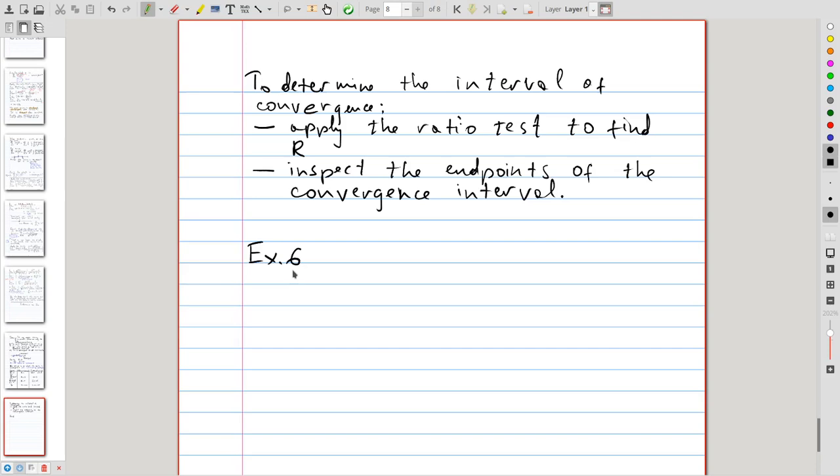So in example number 6, we will have to find the radius and interval of convergence for the following series.